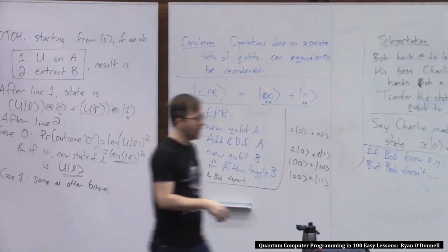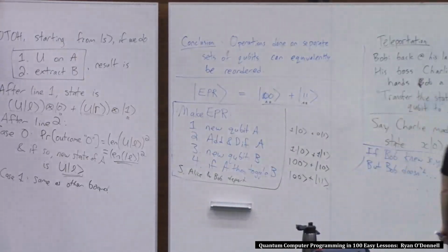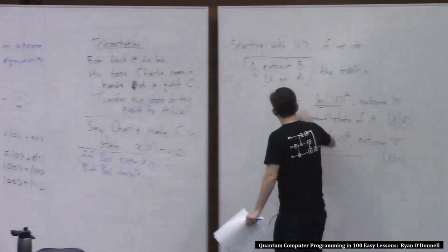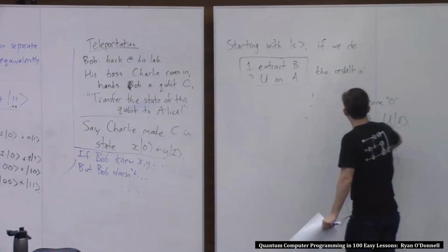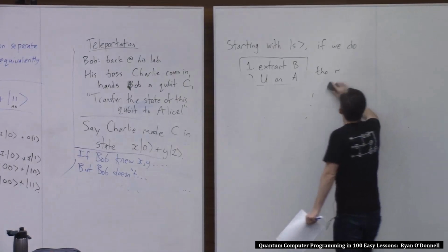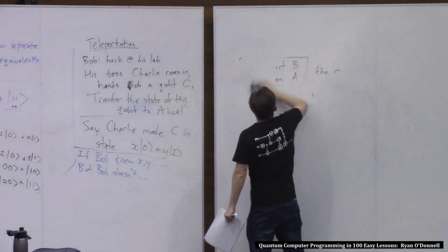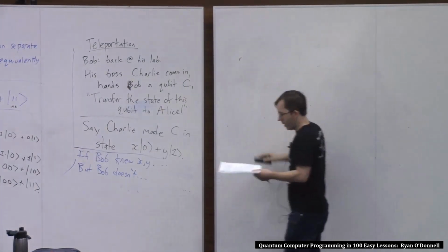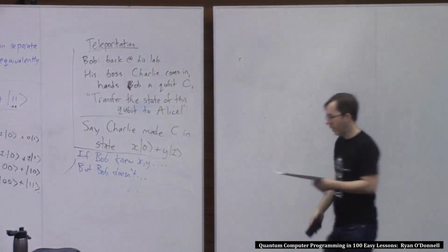So let's see how to do it. First I'm going to tell you the sketch of how it looks, and then we'll do the details of how it looks after that. So let's start with the sketch.